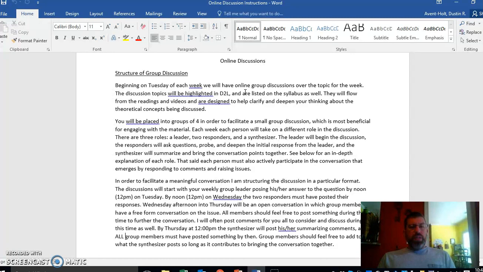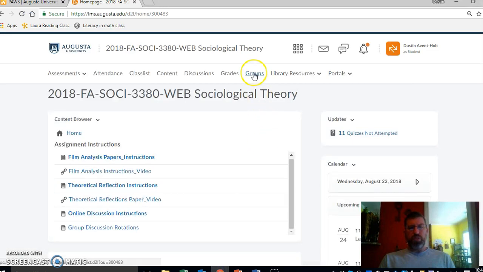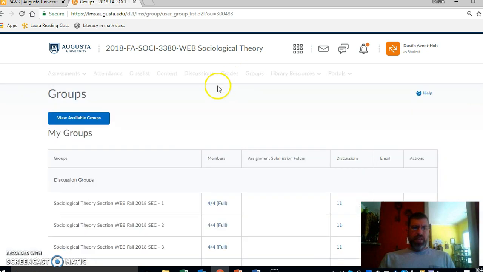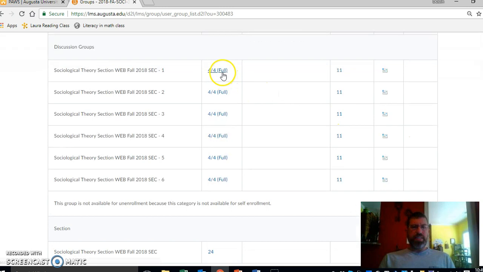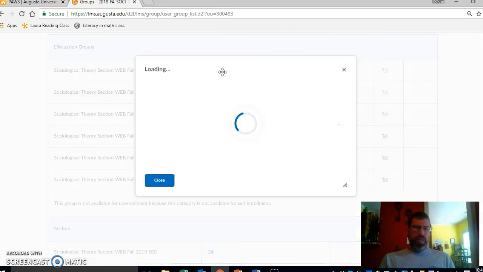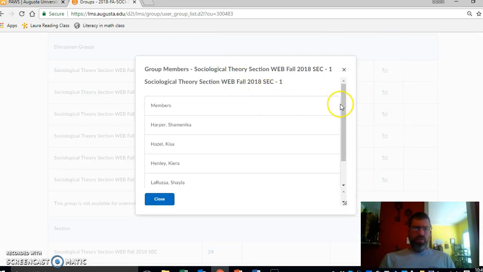I've placed you into groups of 4, and you can see that on D2L. If you click onto the Groups tab, this will open up what all the groups are. You should be able to click in and see what group you're in, and I think you can also see who's in what group.